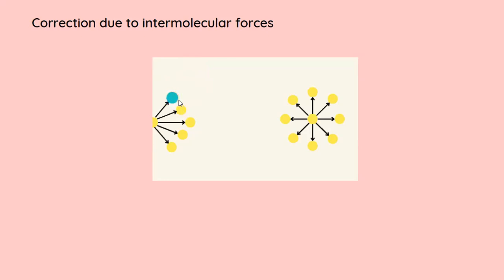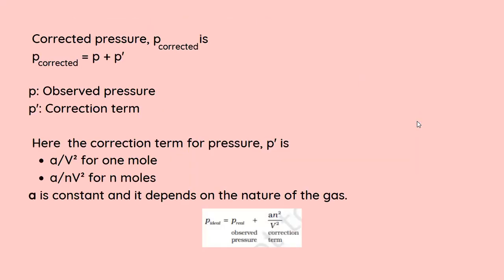So this meant that there is some amount of intermolecular force between these gas molecules, which is leading to the fact that this molecule is not hitting the walls of the container as fast as it would. So this in turn led to a decrease in the pressure: the observed pressure was less than the ideal pressure. So P corrected is going to be P plus P dash, where P is the observed pressure and P dash is the correction term.